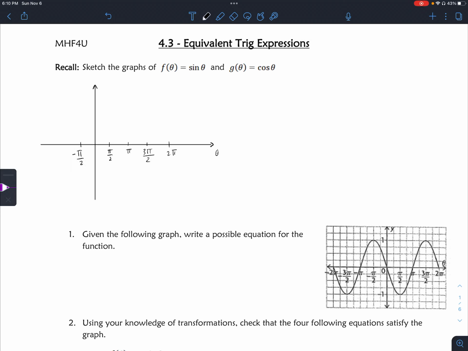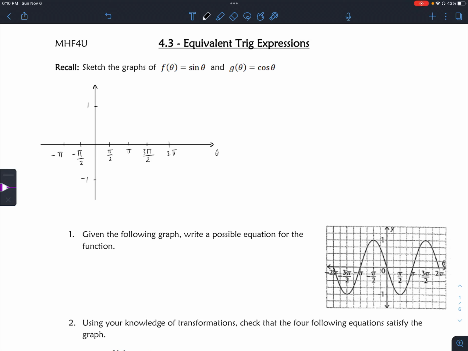And then on the other side we have negative pi over 2 and negative pi. So I'm not going to extend all the way to the third and fourth quadrant. And then we've got 1 and negative 1, so the max and minimum value of sine and cosine.